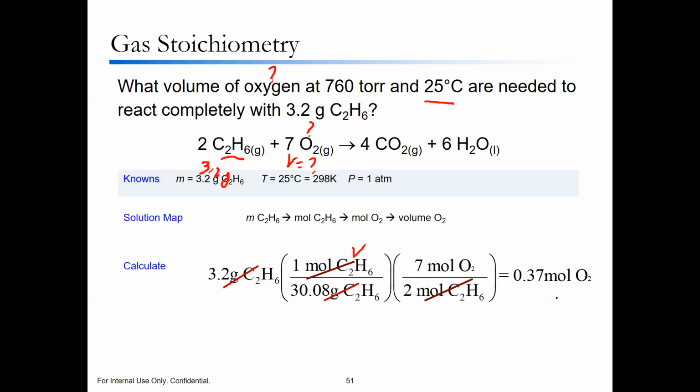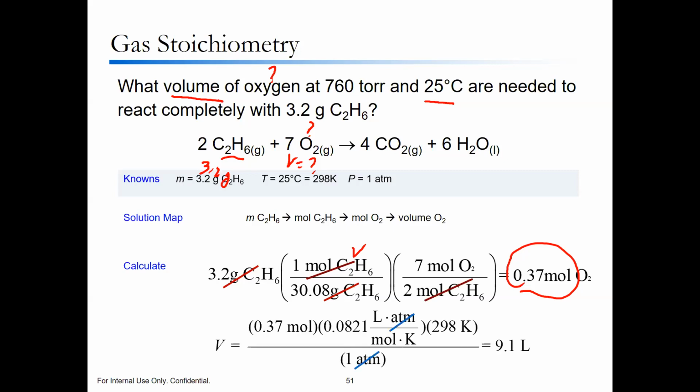Moles of oxygen. This many moles of oxygen, right? Is that what the question is asking for? No, they're asking for the volume of oxygen. So I know how to convert moles to volume using PV equals nRT. And V equals nRT divided by P. I know moles, I just calculated that.